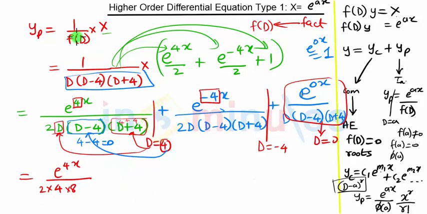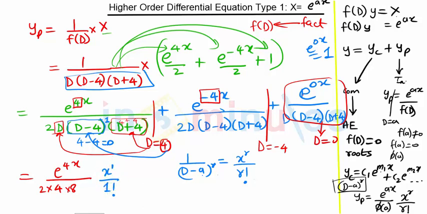For this we know that whenever we have 1 upon (D minus a), in our case a is 4, the whole raised to r, then this part is given by x raised to r upon r factorial, where r is nothing but the power of (D minus a). So in D minus 4 the power is 1, so x raised to 1 upon 1 factorial.